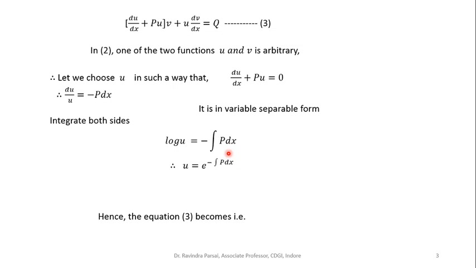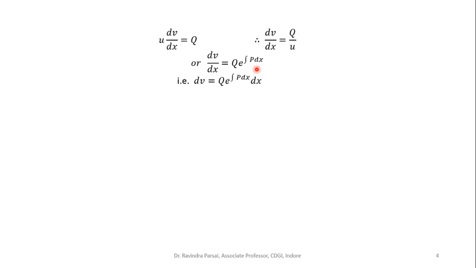Hence on putting this substitution in equation number 3, it gives u dv/dx = Q, that is dv/dx = Q/u, or dv/dx = Q e^(∫P dx), substituting the value of u. Or we can write dv = Q e^(∫P dx) dx.